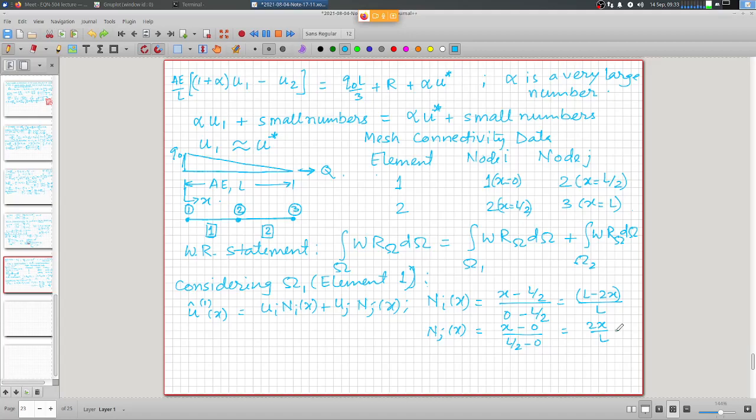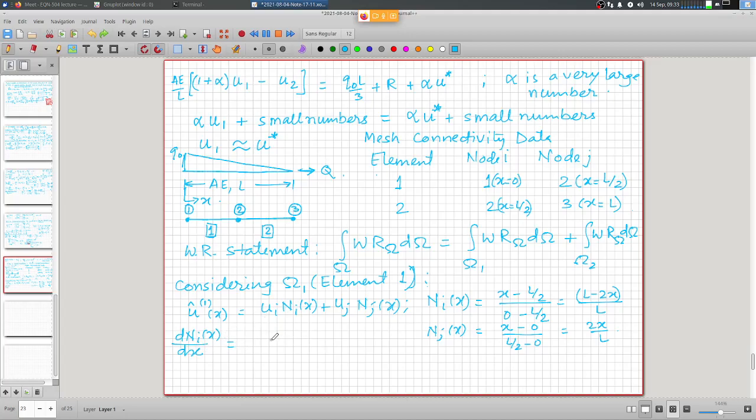Now, if this is Ni, Nj, the interpolation is defined, so we can always find out dNi by dx, because this will be required for the weak form.